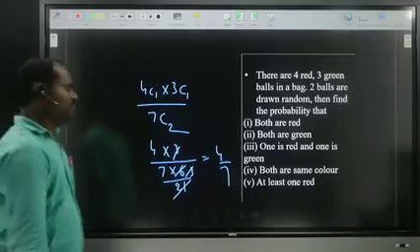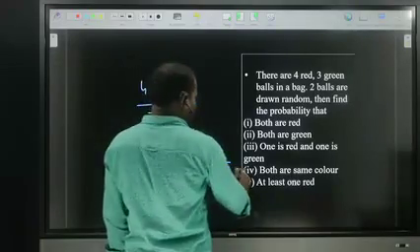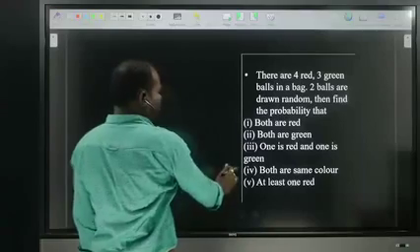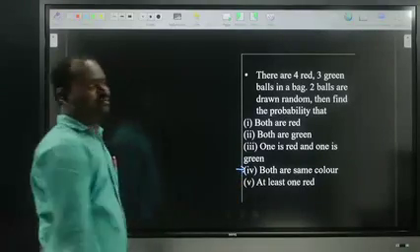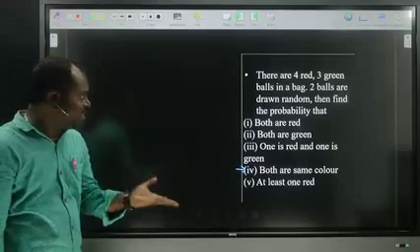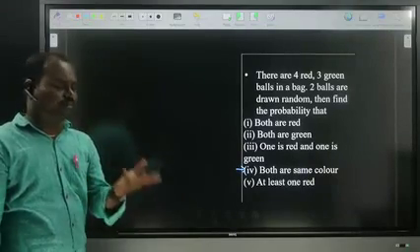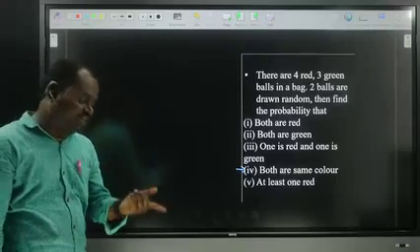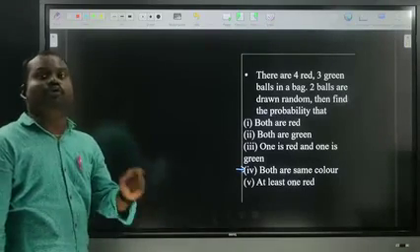Now we are moving to the next. Both are same color. What is the next question? Both are same color. Both are same color means it may be both are red or both are green. Either both are red or both are green.